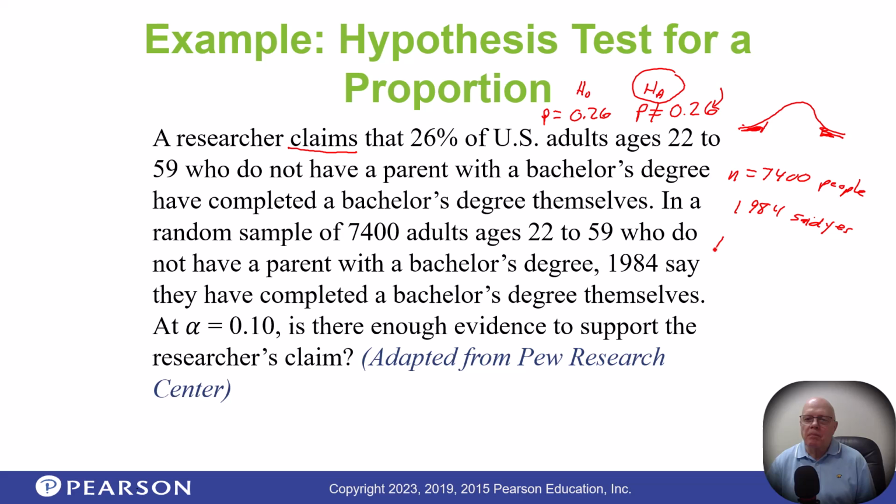So our p hat for our proportion is 1984 over 7,400. There's our p hat. And we've decided we're going to use an alpha or a level of significance of 0.10, aka 10%.